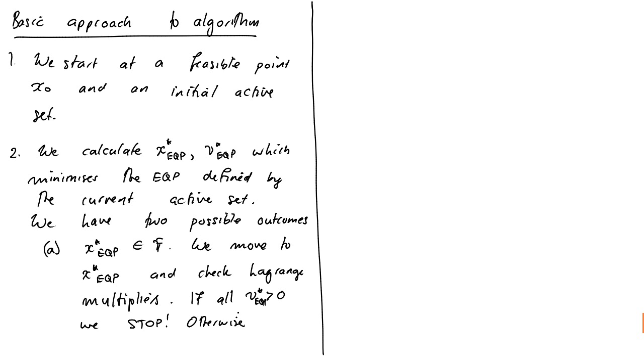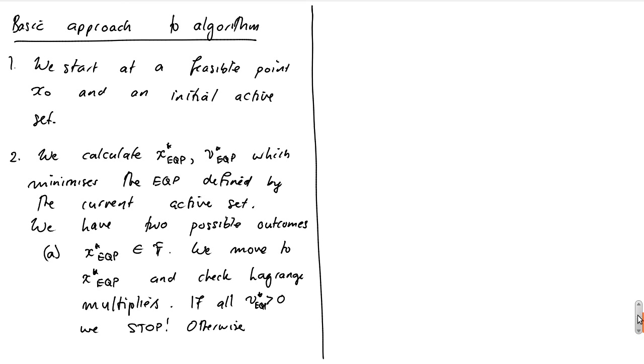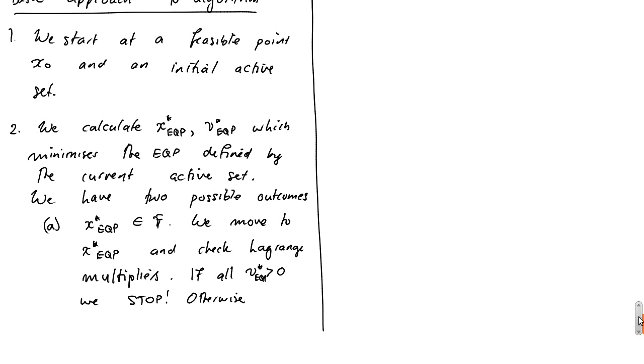Otherwise, if one of them is negative, like we talked about before, it means we can move away from that constraint and lower our objective. So we're going to remove one of the constraints with a negative Lagrange multiplier from the active set.